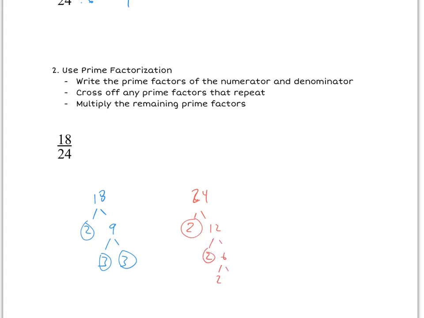And 2 and 3. Some of you did it a little differently. You might have done 3s and 6s and things like that. Once you have all your prime numbers circled, the numbers for 18 stay on the top. So 2 times 3 times 3 is on top of the fraction. On the bottom, you take your numbers for 24, which is 2 times 2 times 2 times 3.